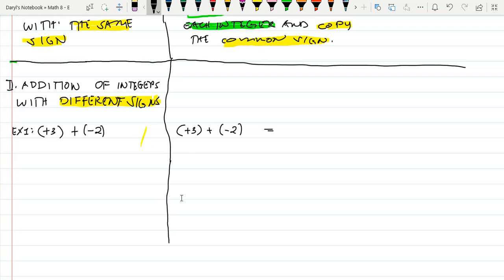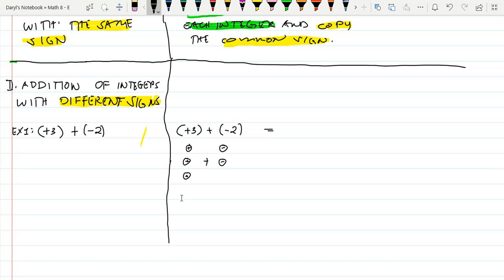Positive 3 could mean you have 3 positive chips, and then an addition symbol, which is the same thing as combining it with the 2 negative chips.